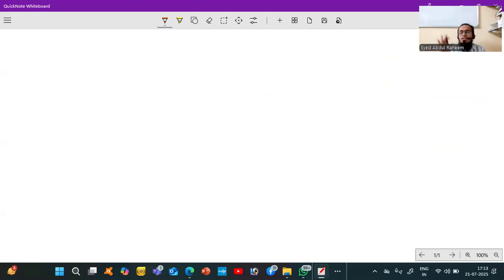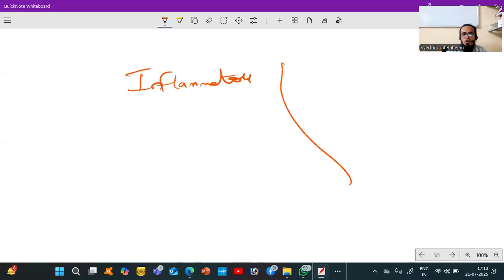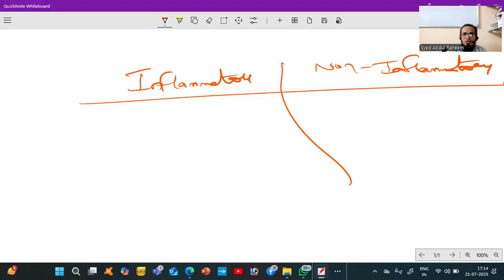So there are five things we have to remember when seeing the X-ray, to understand whether it is inflammatory or non-inflammatory. What are the five things?